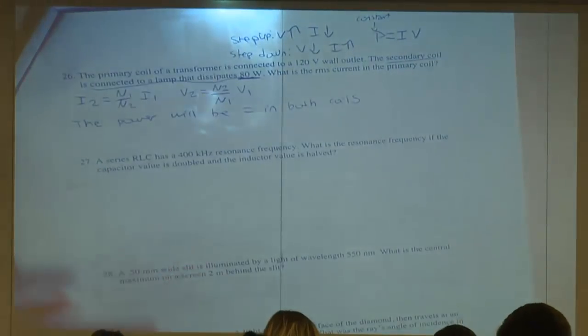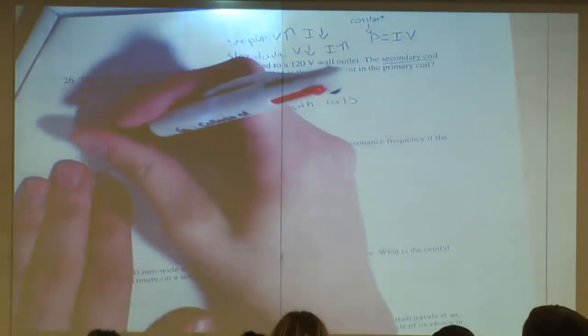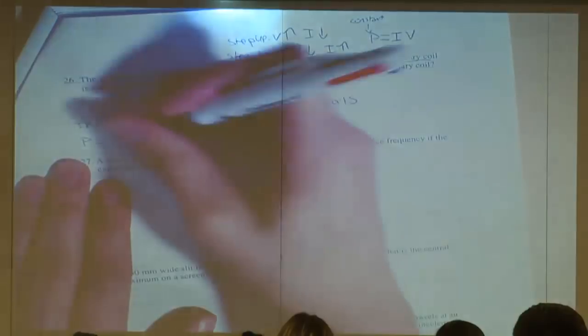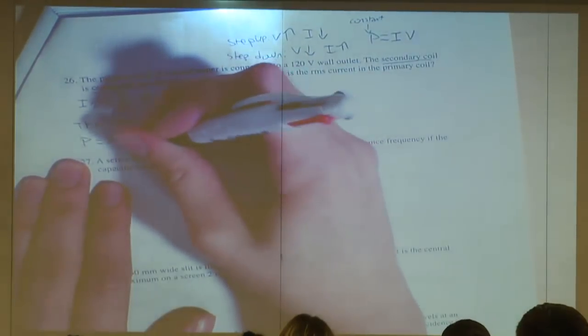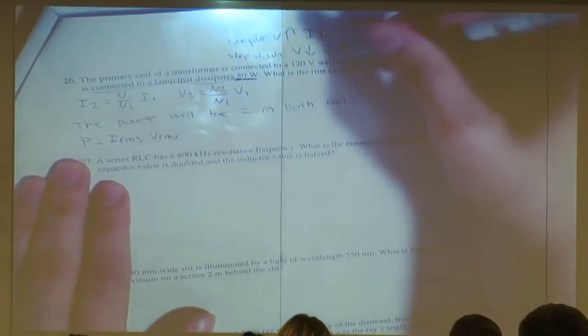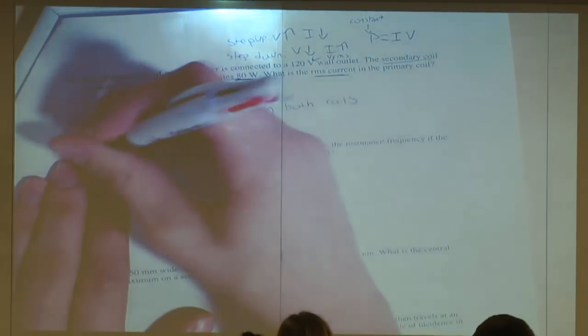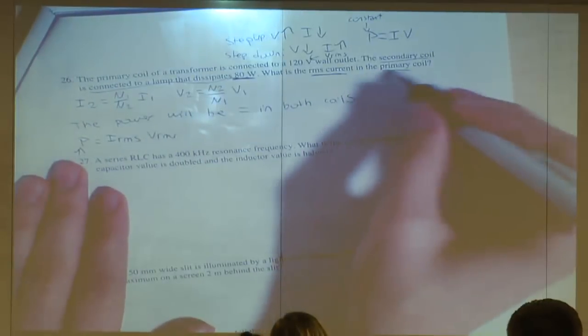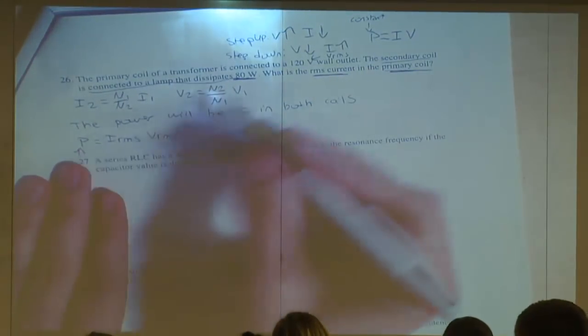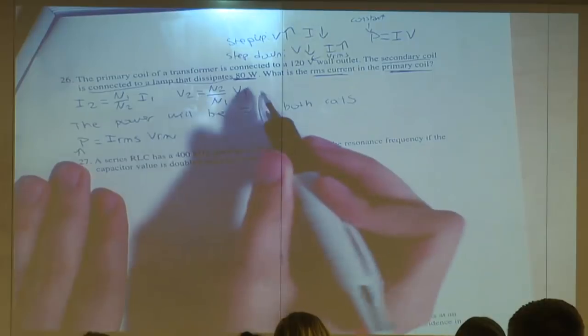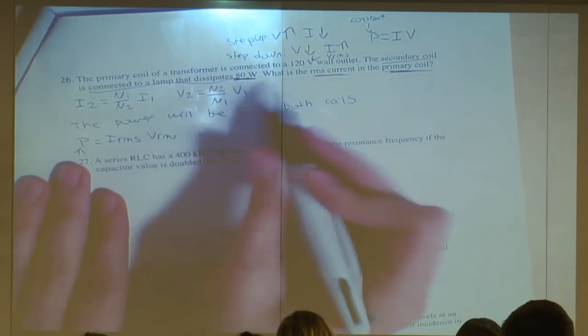So we can just say P equals IRMS times VRMS, because this is VRMS, right? We want to know the RMS current, and we're given P. Even though it's talking about the primary coil, we can still use the same P because it is the same power.